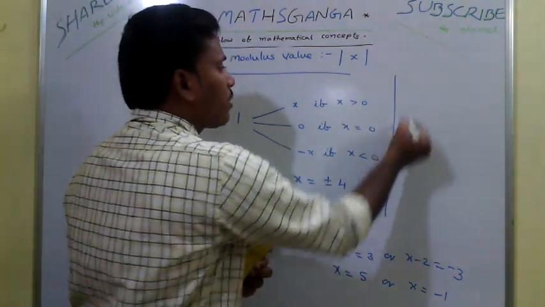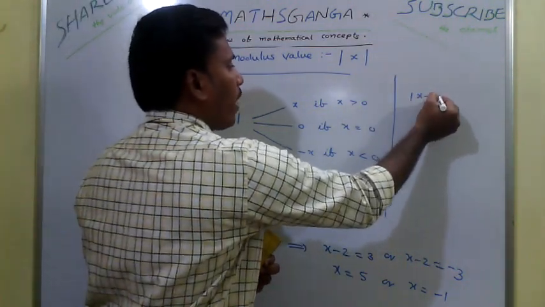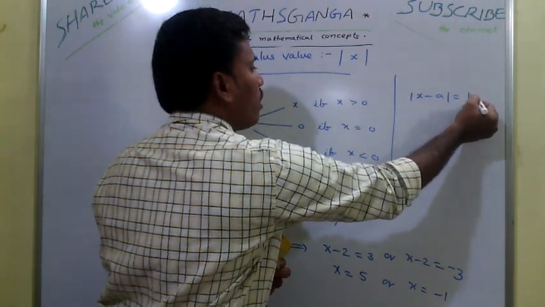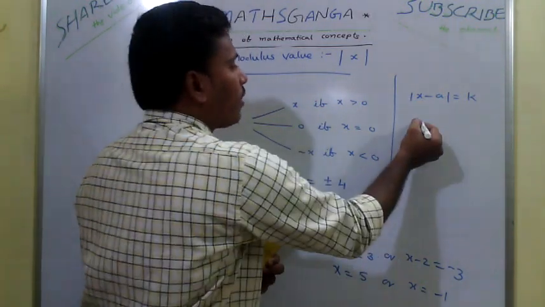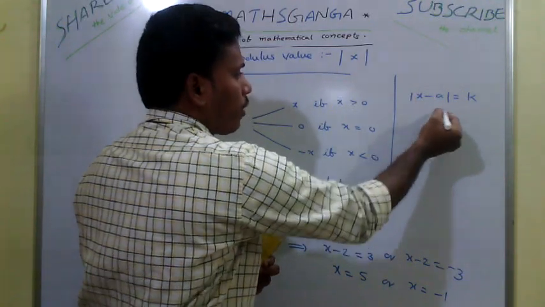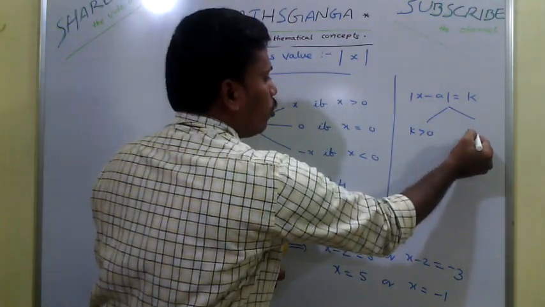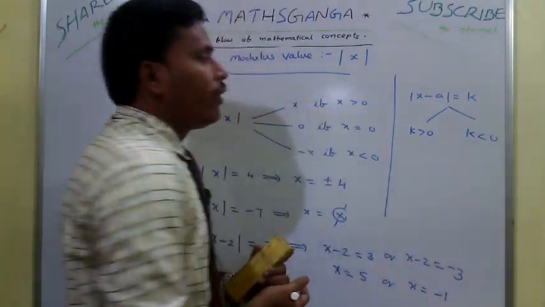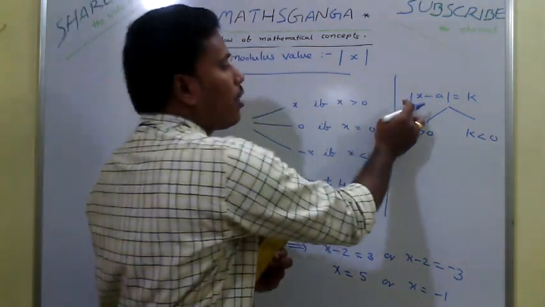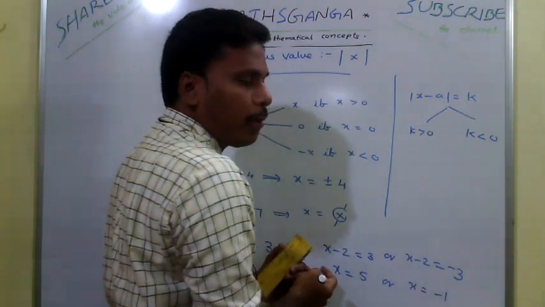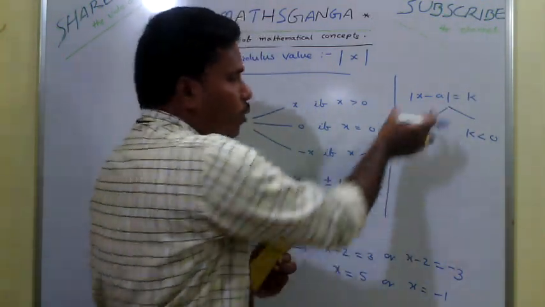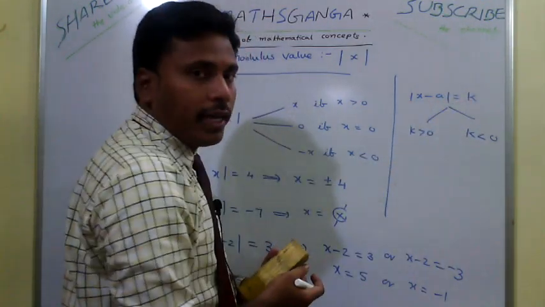To generalize this, if modulus of x minus a is equal to some k, then if k is positive, there are two chances. If k is positive, we have the solution. If k is negative, we don't have the solution. If modulus of x minus a is equal to k, and k is negative, a modulus value never equals a negative value.